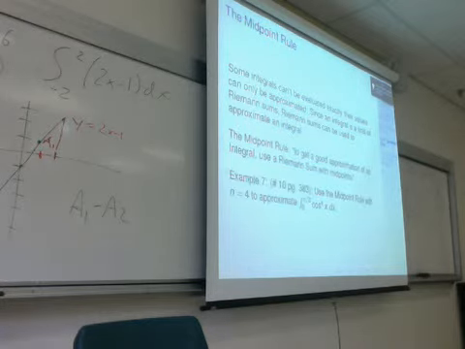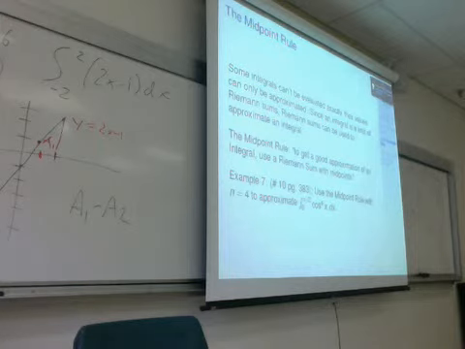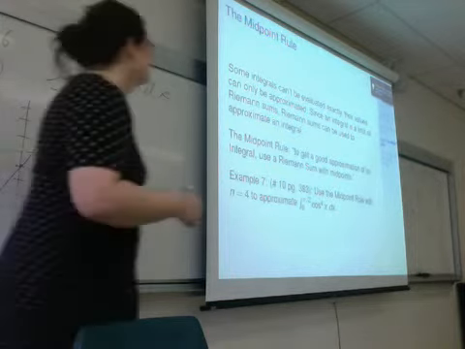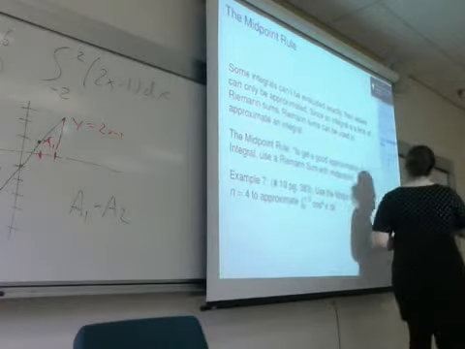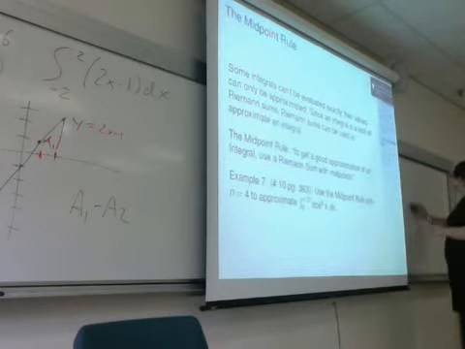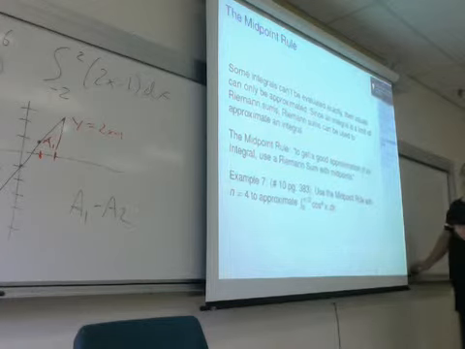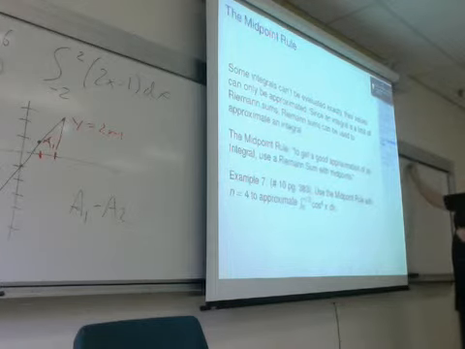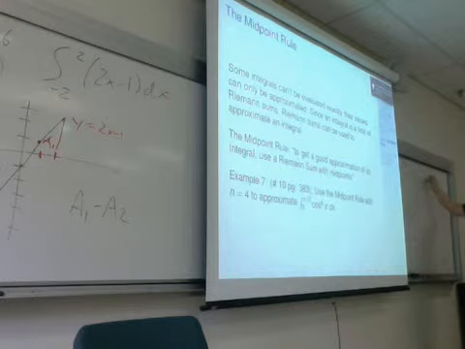So I'm just going to do an example of something we can do with the midpoint rule. So here we want to use the midpoint rule to estimate the integral from 0 to pi over 2 of cosine to the 4th x dx.